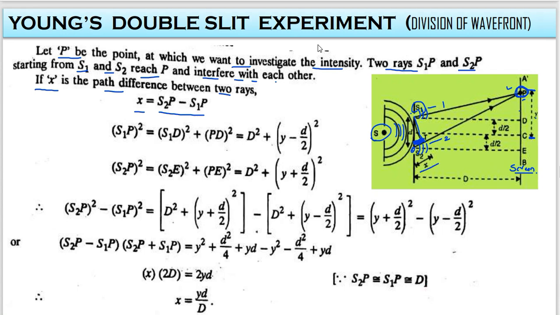The rest of the path is the same, so the difference there is 0, and the extra part is x. So x equals S2P minus S1P; remember, this is the path difference. Path difference basically means the difference of path between the two rays.